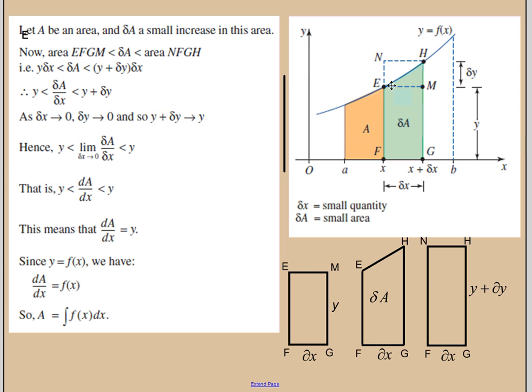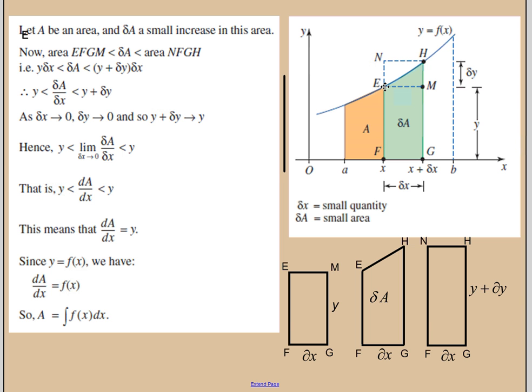We've got the exact area, delta A, which is E, H, G, F, shown here. And then we've got the rectangle which is above the curve, noted by N, H, G, F. So these three rectangles are shown here.